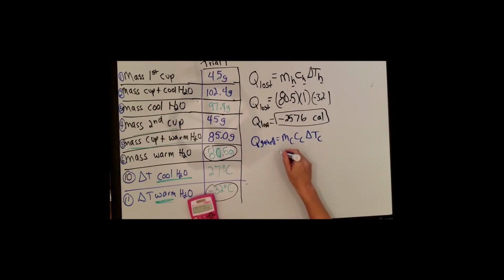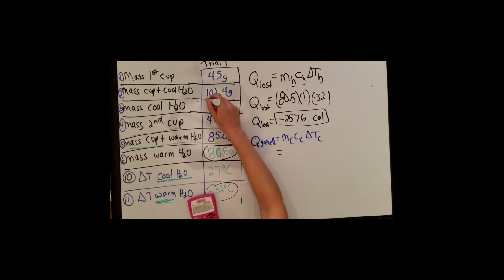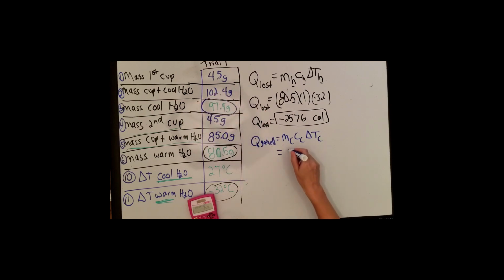So now let's find this information in our table. Mass of cold water going down, that's number 3 here that we calculated. So it's 97.9. I'm going to multiply that by the specific heat of water, which is just 1, and then by the change in temperature of the cold, which we calculated down here in number 10, delta T of cool water.